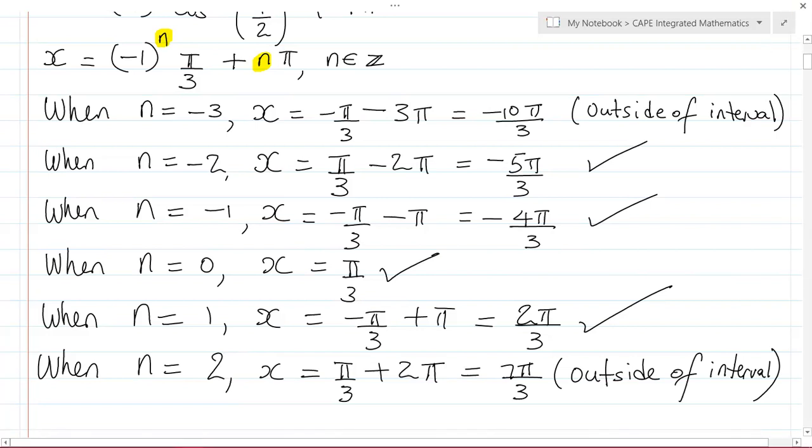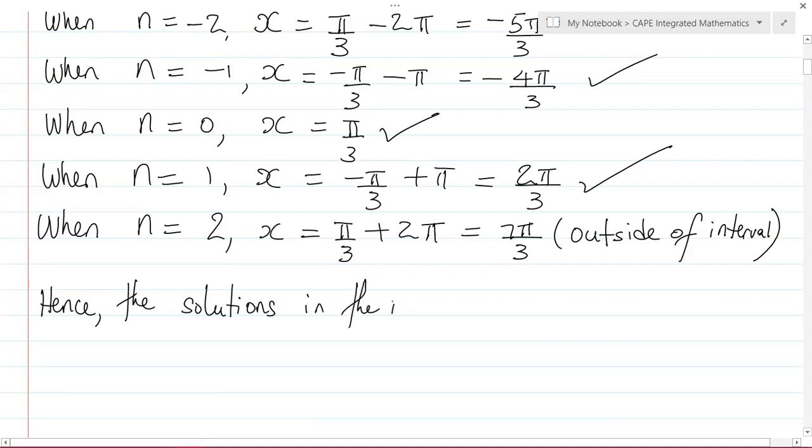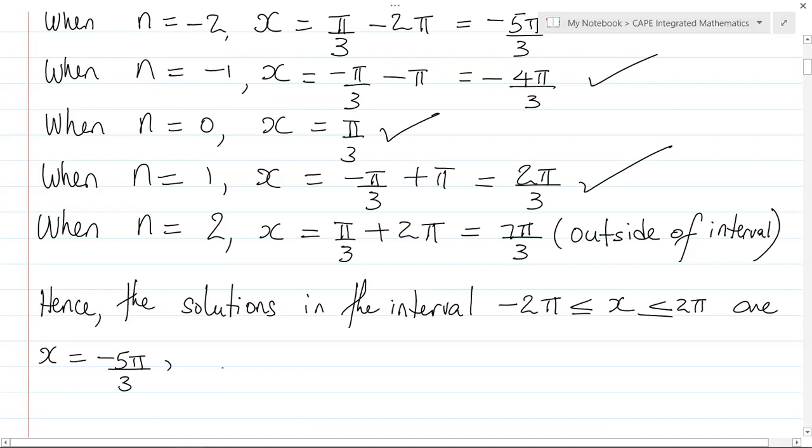I'm now going to write a final statement and I'm going to say hence, the solutions in the interval -2 pi less than or equal to x less than or equal to 2 pi, that is, the values of x which are greater than or equal to -2 pi but less than or equal to 2 pi, are: x equals, the first value that we got, -5 pi over 3 radians, and that is a solution.